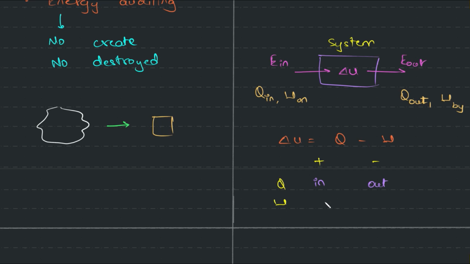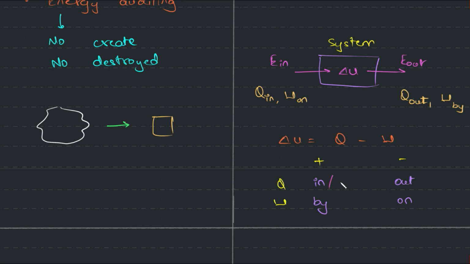So when W is positive, it is work done by the system. When W is negative, it is work done on the system. So negative of negative becomes positive and delta U increases. Again, it's a sign convention. You just have to follow that. If the formula was something else, this convention would have been something else.